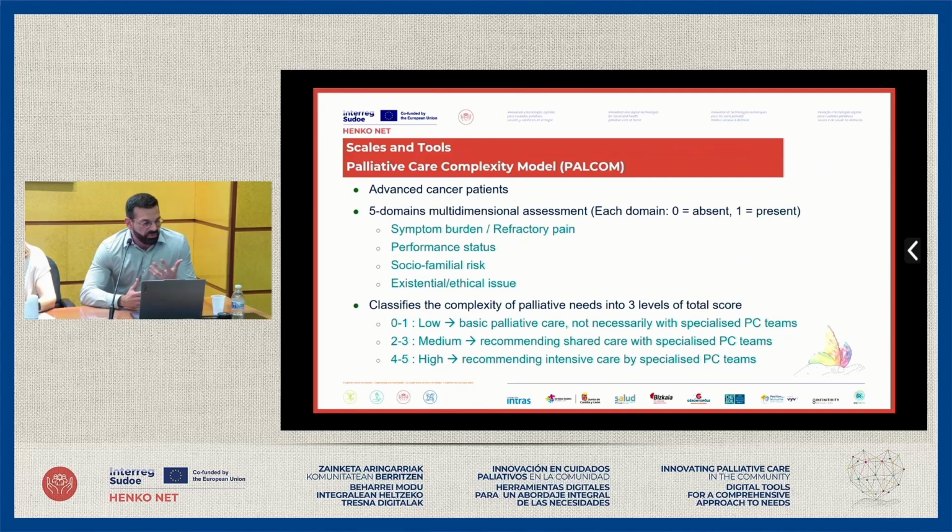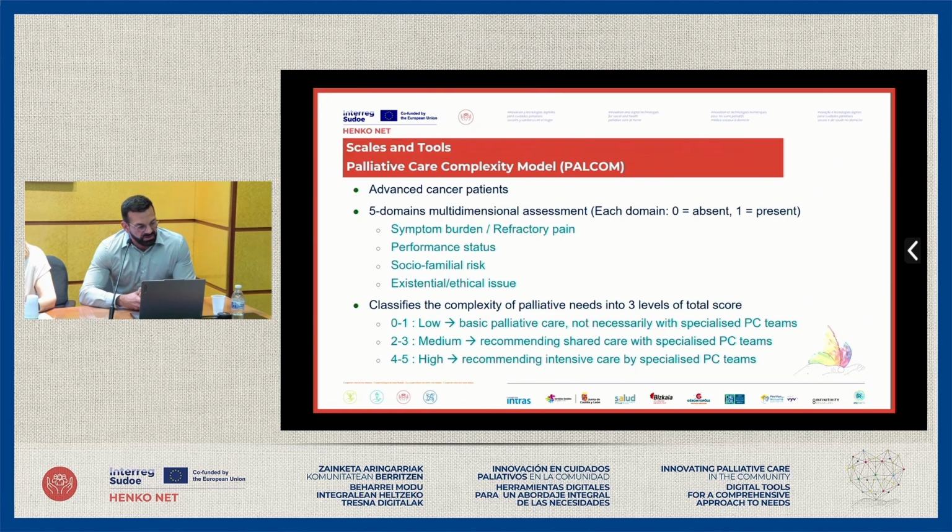And so one example is the PALCOM, the palliative care complexity model. It has been developed for advanced care patients. It's based on the assessment of 5 domains: multidimensional symptoms, including pain, performance status, socio-familial risk, and existential issues. And it classifies the complexity of palliative care needs into 3 levels.